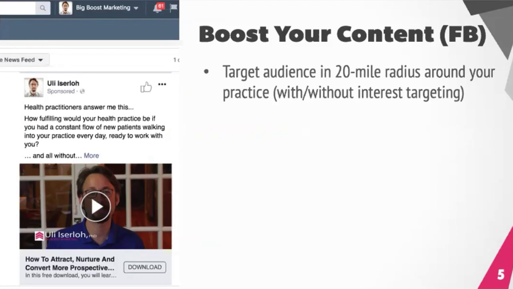Now, this is obviously different if you have a strong telemedicine presence and you can serve people in a much larger area. But the idea is really that from the Facebook ad perspective, we're going to limit our ad spend only to a 20, 30-mile radius around your practice to those people that could foreseeably become your patient.